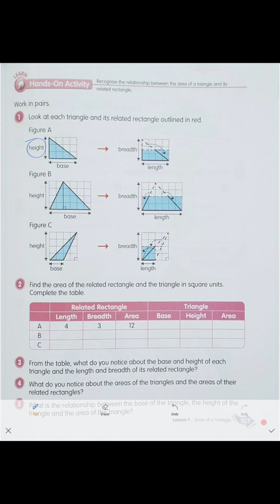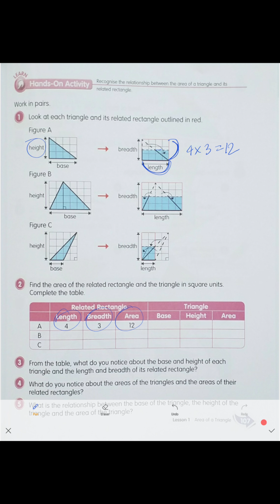So number 2, right? Find the area over here. The exercise number 2: find the area of the related rectangle and the triangle in square units. So our first related rectangle, length is 4, breadth is 3, area is 12. How did they find this? Here, length is 4, breadth is 3, 4 times 3 is 12. This is the area of the rectangle, right?